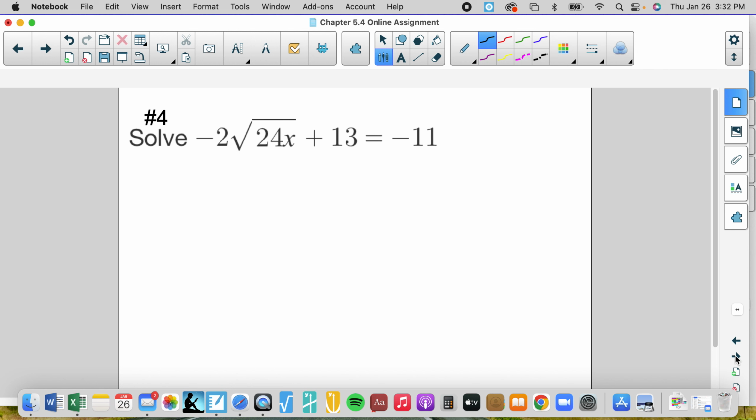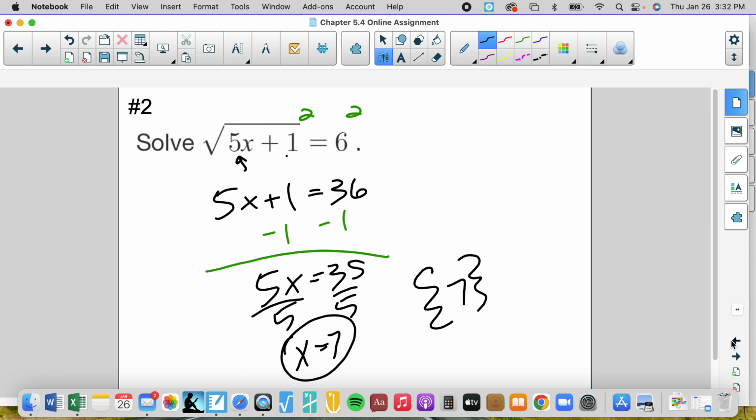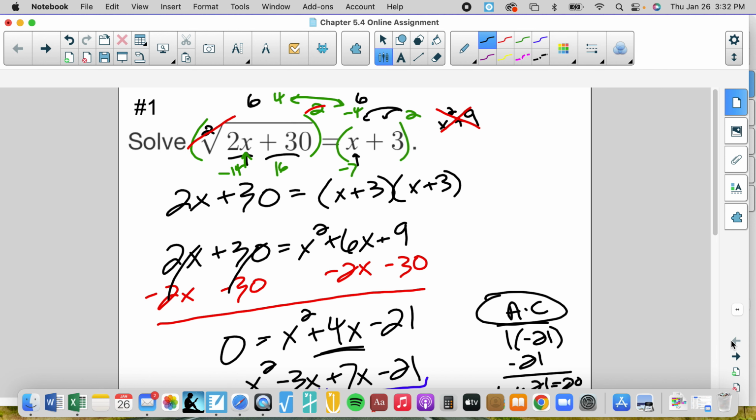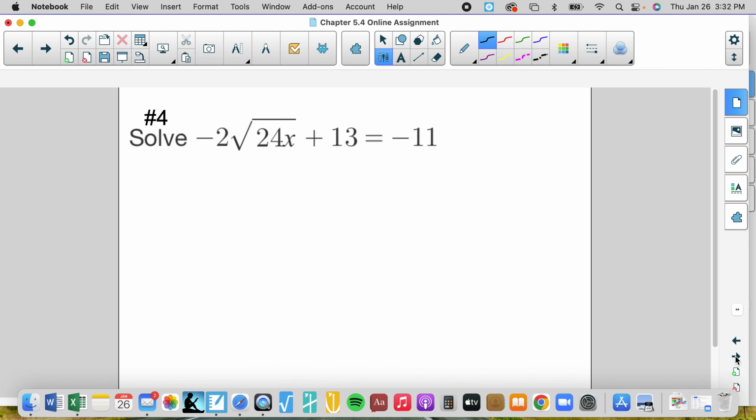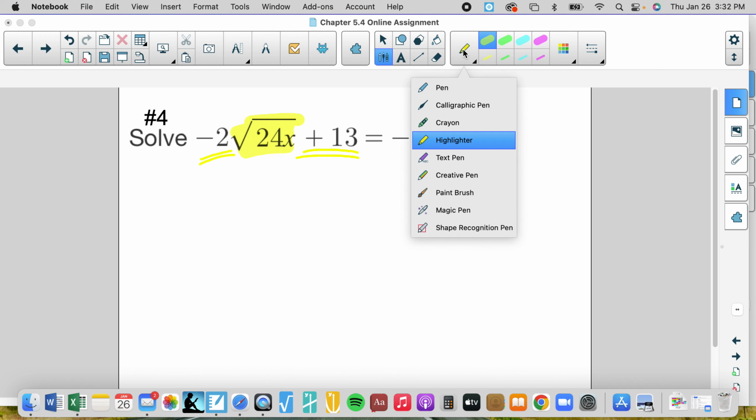Before, in question number 1, we had things going on inside the radical, so we couldn't get to that. We had isolated the radical on the left side and a binomial on the right side. On this one, we have things outside happening to the variable and the radical. So our objective is to isolate the radical first, before we can square it.